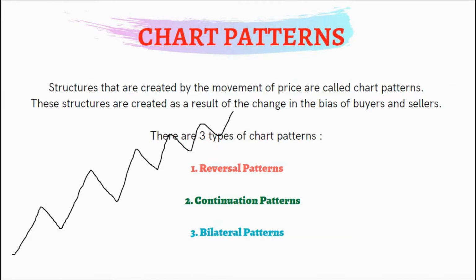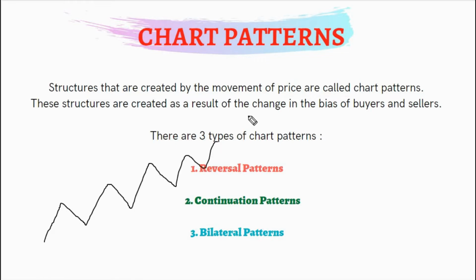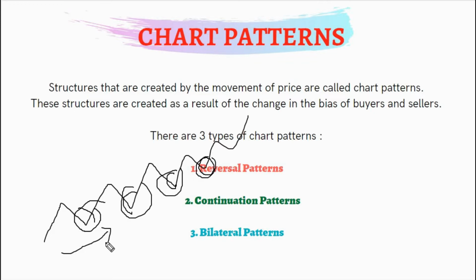Okay, so in this uptrend some price behavior will emerge in these areas. Okay, so the structures that are forming here, which are continuing the overall direction of the market, which is up, such kind of patterns are known as continuation patterns, which help in continuing the overall trend of the market.